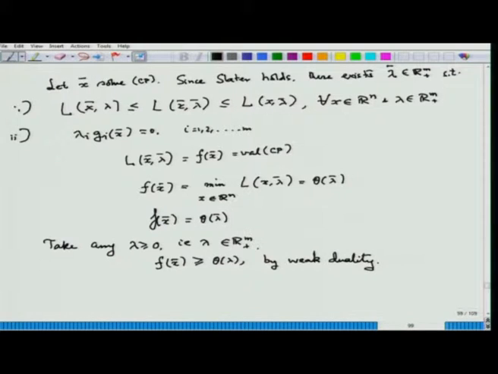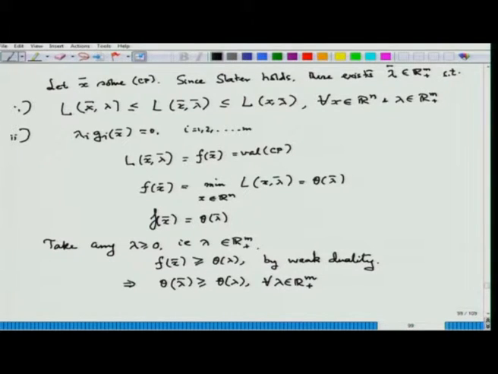Once you know this fact, you will immediately see that this would imply, taking into view this fact, that theta of lambda bar is bigger than or equal to theta of lambda for all lambda in Rm plus. So, what does that show?